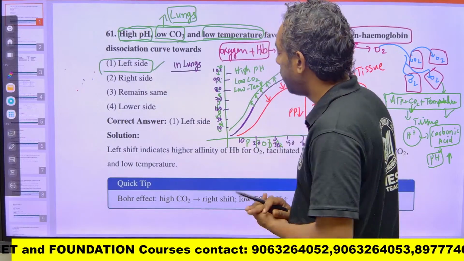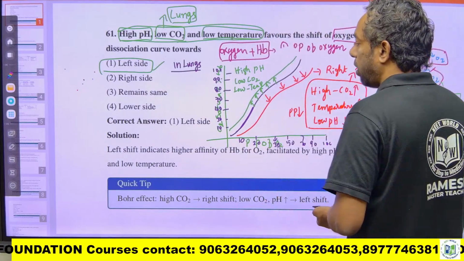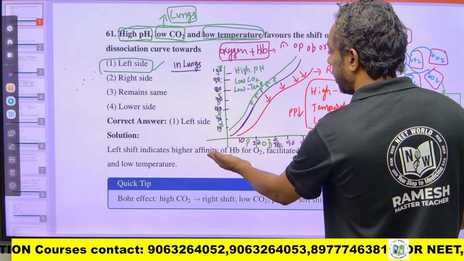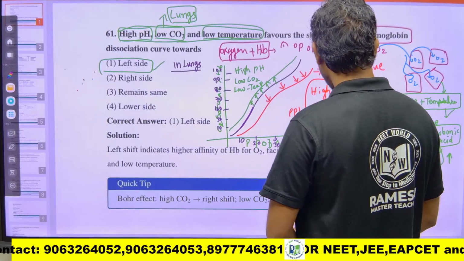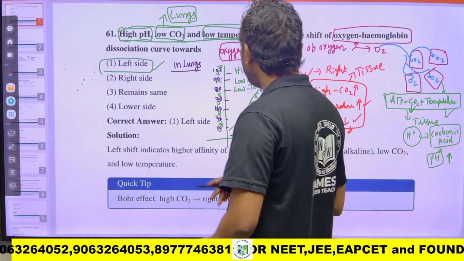The left side indicates higher affinity of hemoglobin for O2 in alkaline, low CO2 conditions.